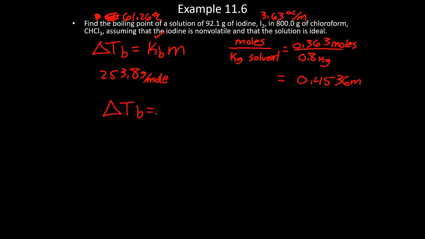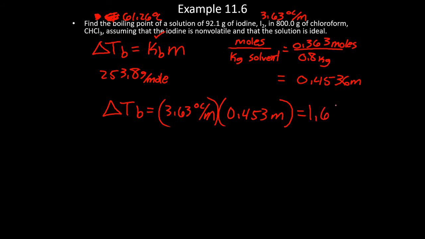So the change in the boiling point is going to be 3.63 degrees C per molal times 0.453 molal. So that is essentially 1.65 degrees C. And so then, once again, because this is a boiling point, it is going to elevate from the original boiling point.